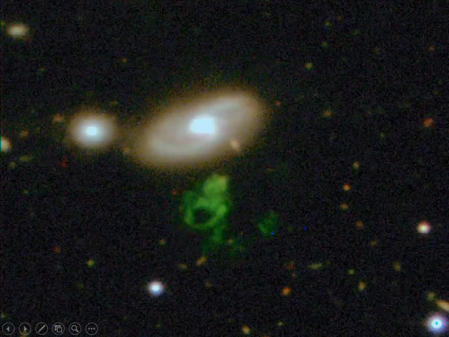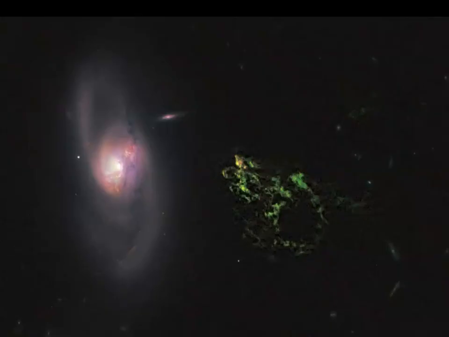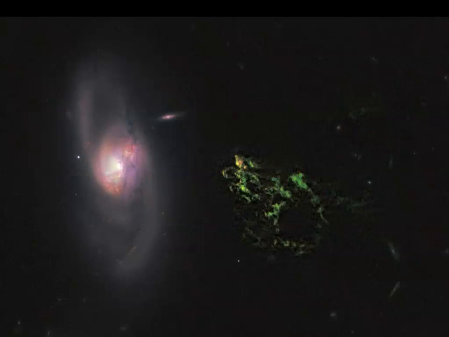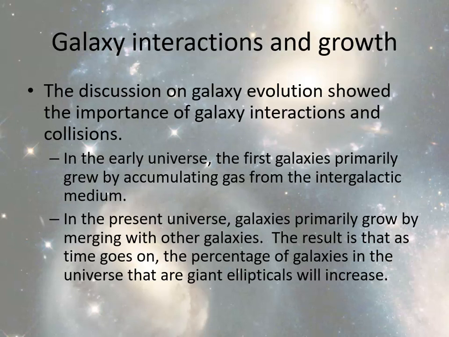So she got discussions going on that, and based on those discussions, the Hubble Space Telescope was enlisted to take a better picture of this, and the realization is that this was intergalactic gas that was being ionized by maybe a quasar or something from around the core of this galaxy. And we now realize that there are other ones that are like this as well. So this original object is now named Hanny's voorwerp, Hanny's object, and this got a new study going in these types of objects, which was, I think, really cool.